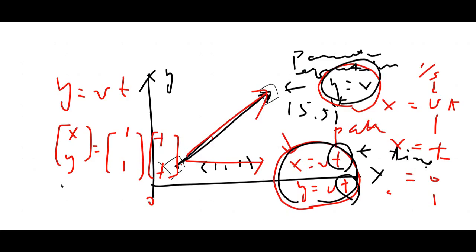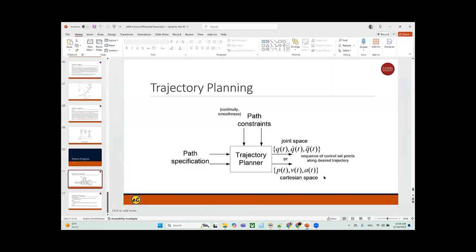Then you can calculate how fast your x needs to change and how fast your y needs to change in order to make your car stay on the path of y equals x. This kind of thing we call trajectory planning. So for trajectory planning, usually you set up the equation in parametric equation format. That means that your x and y both have a formula or function of t, in order to calculate the path.